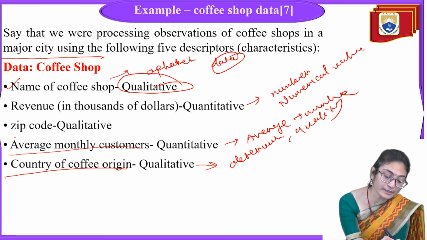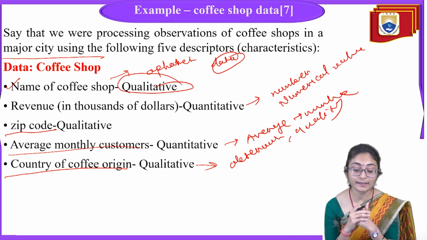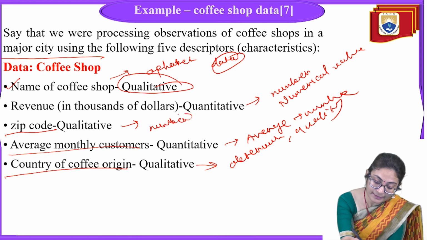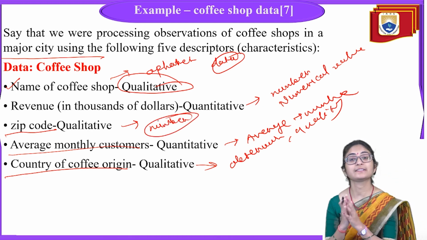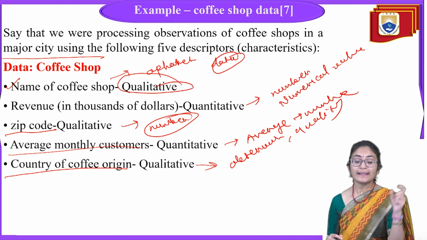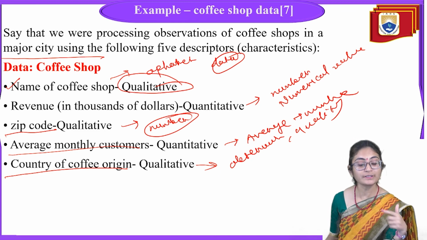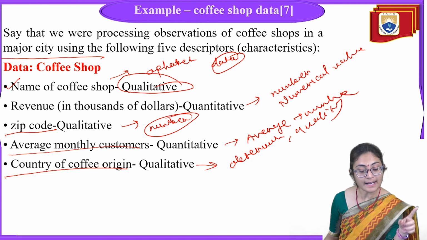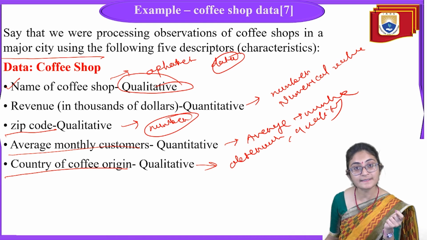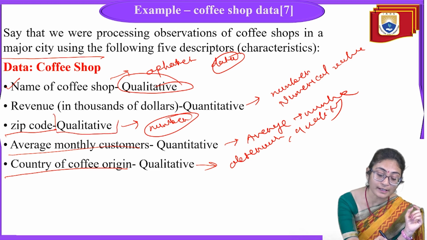Now we come to zip code. Zip code contains numbers, but still it is qualitative data, because a zip code will not change. Zip code never changes. That's why that data is constant and consistent, so that data is always in the qualitative format.